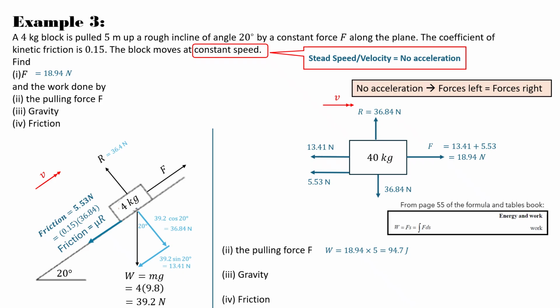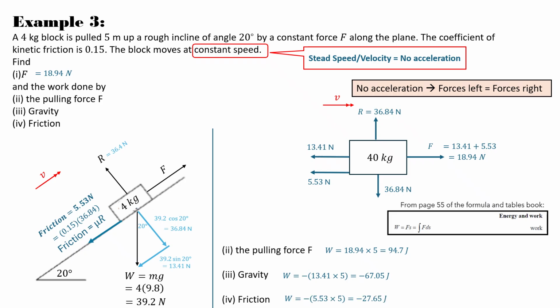The force due to gravity is weight. So we're looking at the weight component that is in the direction of the movement. We're not dealing with 39.2, just the component that's parallel to our movement. This is a negative work because it's taking energy out of the system. So that's 13.41 times 5, which works out as minus 67.05 joules.